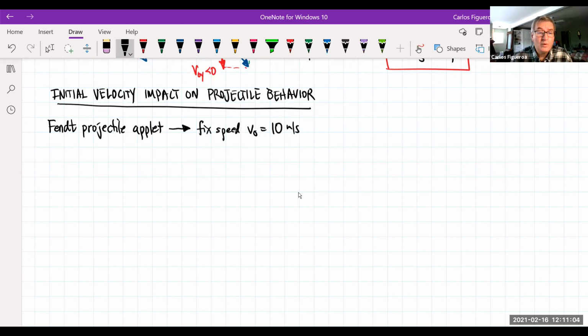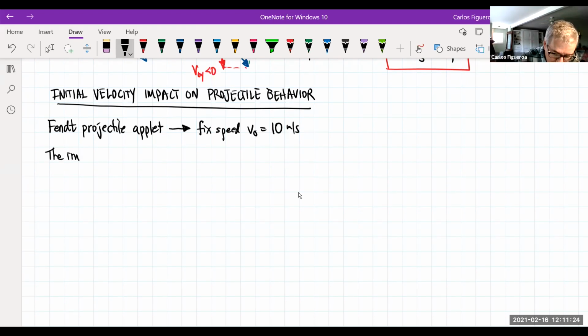Okay. And what I want to do is set you up before I actually get to the applet here. The angle of the projectile tells us what the X and Y initial velocity components are going to look like. So let's look at this here.